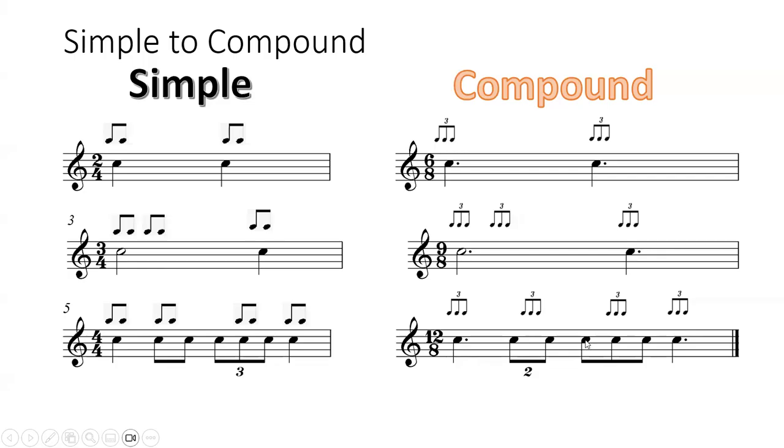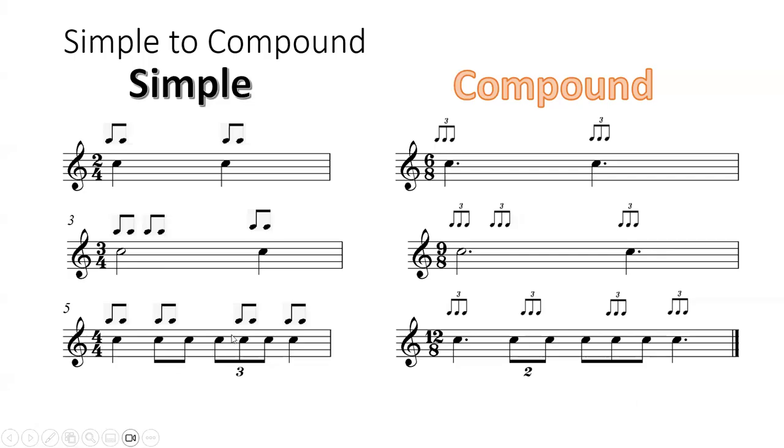The 3rd beat, we can divide into 3, because in compound time, every beat is divided by 3. And then the last one is a dotted crotchet, which is the whole of the fourth beat in compound time. Okay, so this will be beat 1, beat 2, beat 3, and beat 4.